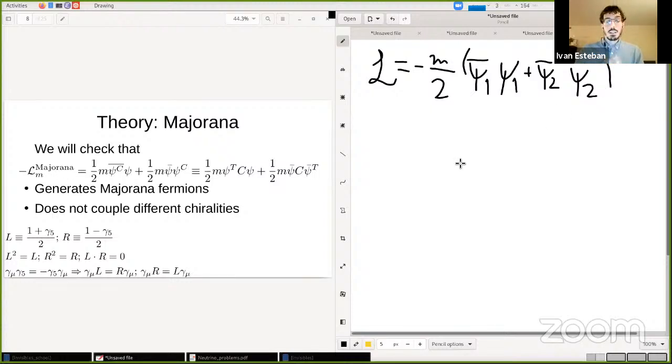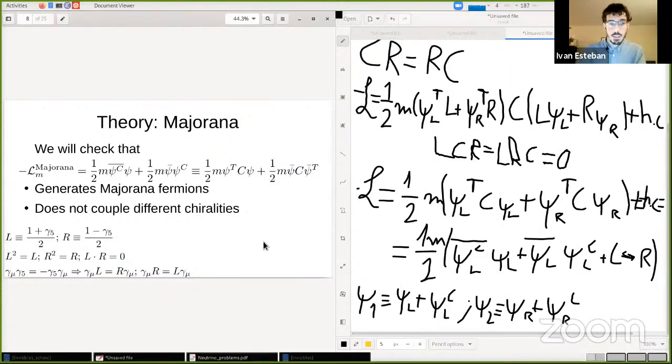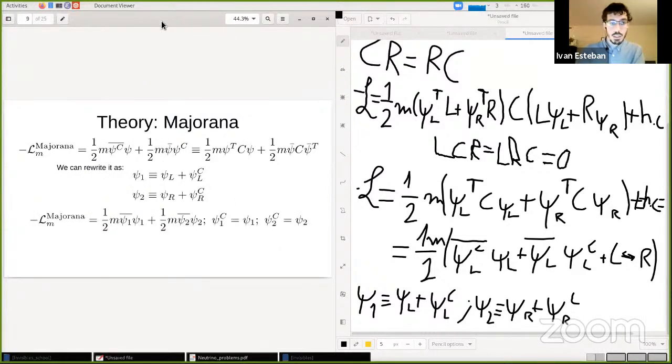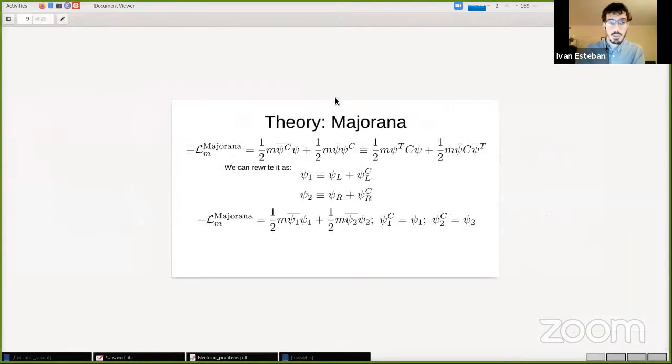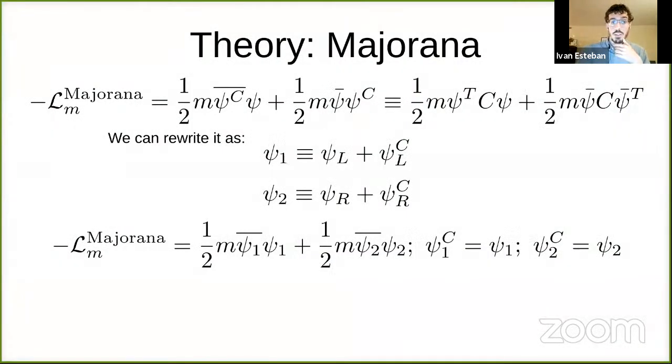Okay, so let us pause for a second and think about what we obtained here. We started with this weird looking Lagrangian that involves the charge conjugation matrix, involves transposes of the fermion spinors and so on, and we ended up with two fields, psi1 and psi2.